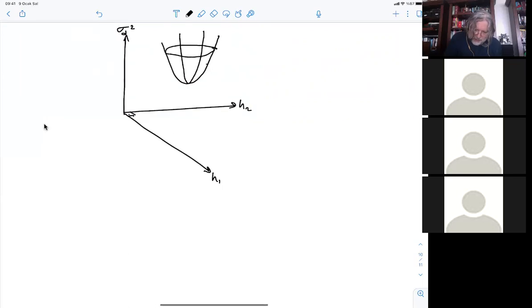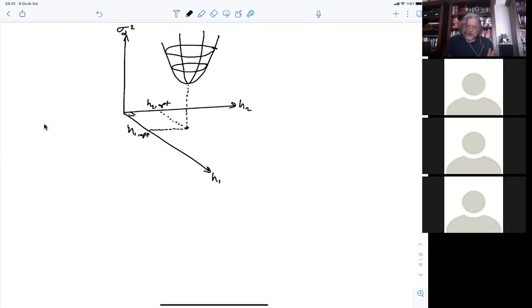Something like this. So this is a shape, a quadratic 2-dimensional shape, which is extending. And there is this minimum point that corresponds to the H1 optimum and H2 optimum points.